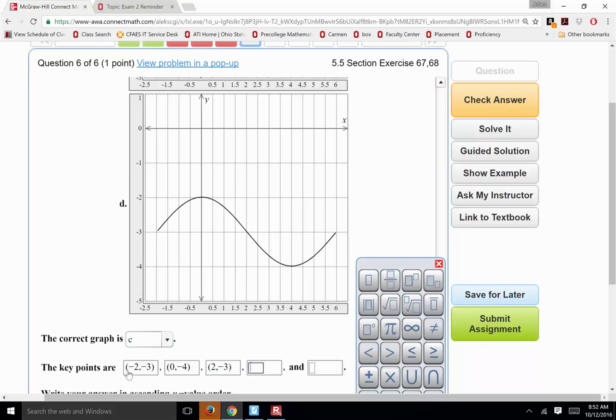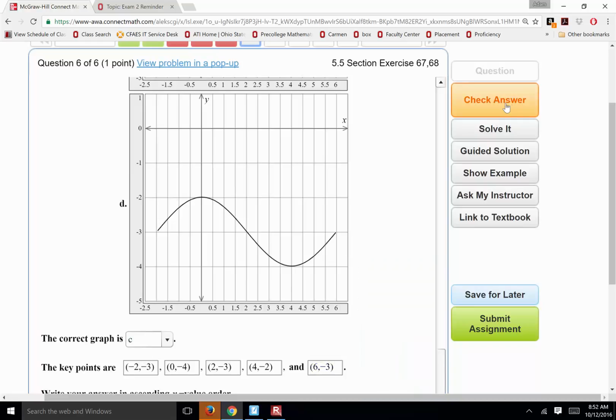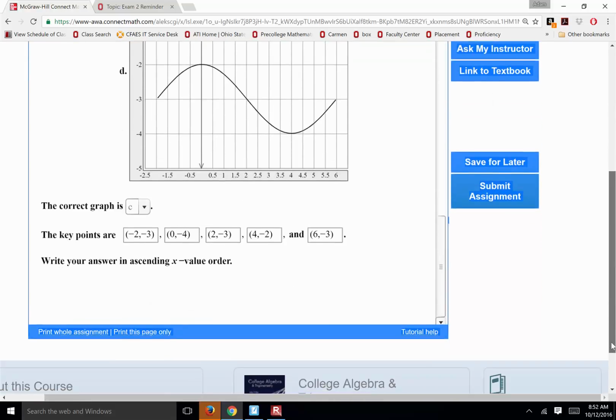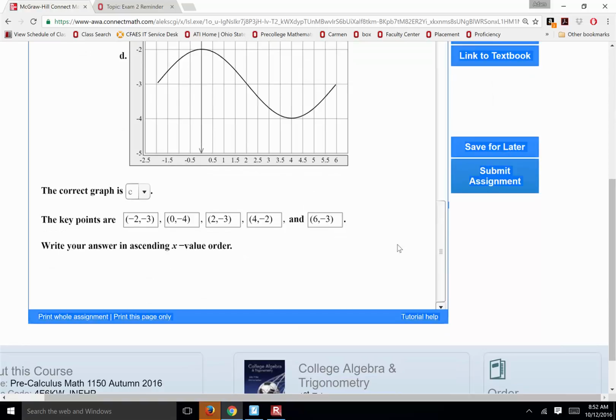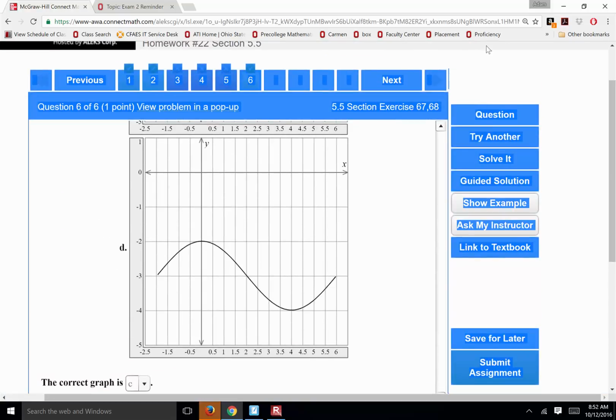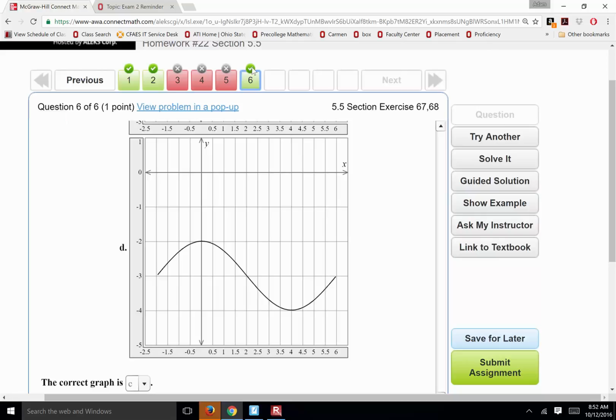Check. And 4, negative 2. And 6, negative 3. Alright. Did we get it right? Yeah.